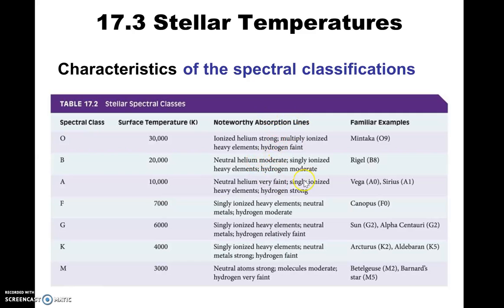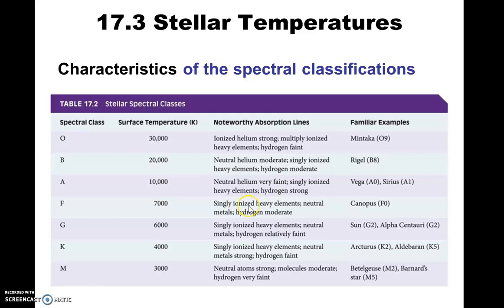All right, so this is describing the lines, right? So for example, for the A stars, when you look at the neutral helium, the lines are very faint. You get some heavy elements. You get some very strong hydrogen lines. The heavy elements are singly ionized, and it just means there's one electron that's been stripped off.